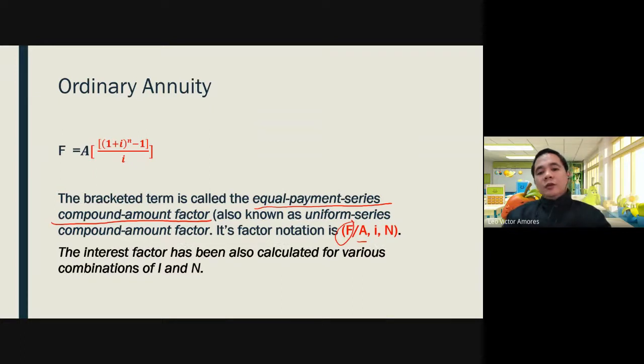The interest factor has also been calculated for combinations of i and n. Basically, there is already a table of values for the combinations of i and n. But as I always say, there is rounding up and rounding down of values in the table, so results differ when you solve on values greater than 1,000.